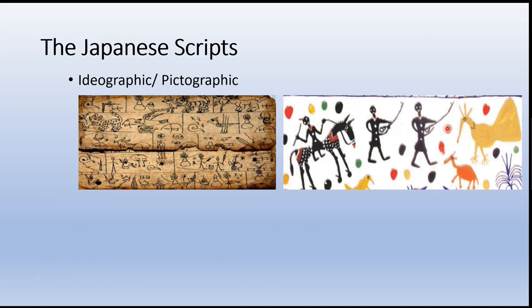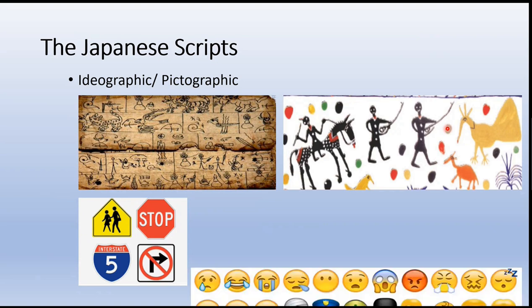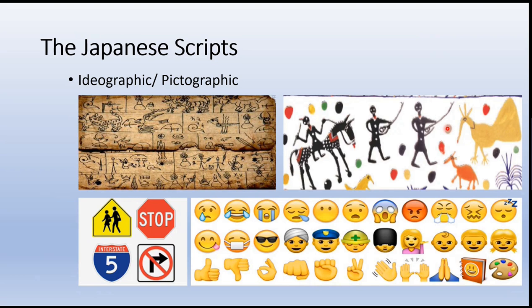In modern age, there has been an extensive use of pictograms in the form of road signs, traffic symbols, or any kind of instructions and warnings. And the most recent one are the emojis on our smartphones that we are using on a daily basis to give reactions. Aren't these also some kind of pictorial script?